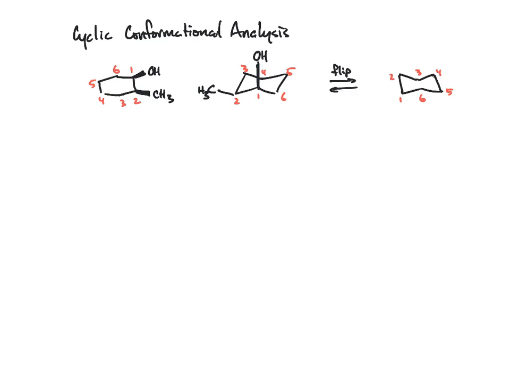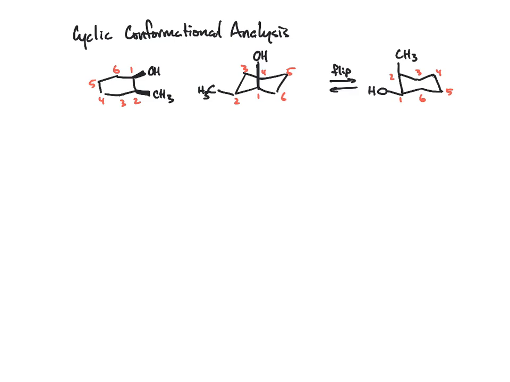Well, not changed, but carbon 2 goes up, carbon 5 goes down. So there's a shift in how the numbering looks. So then the OH group at 1 should be in what position now? So equatorial. Then the methyl group at 2 is going to be axial.